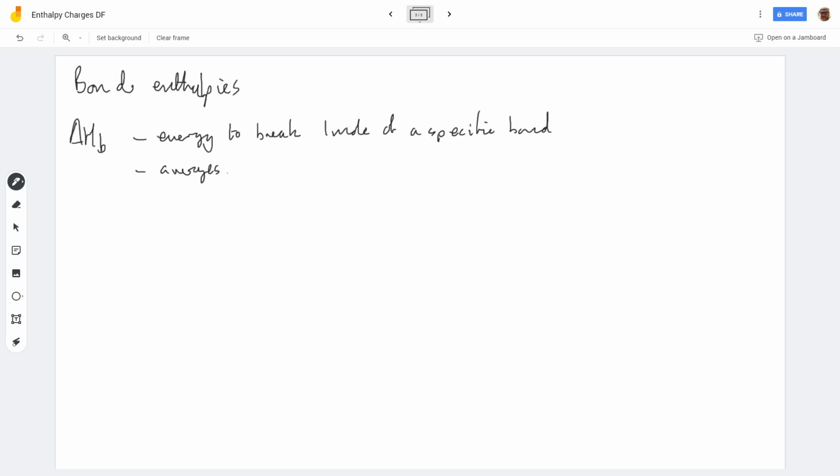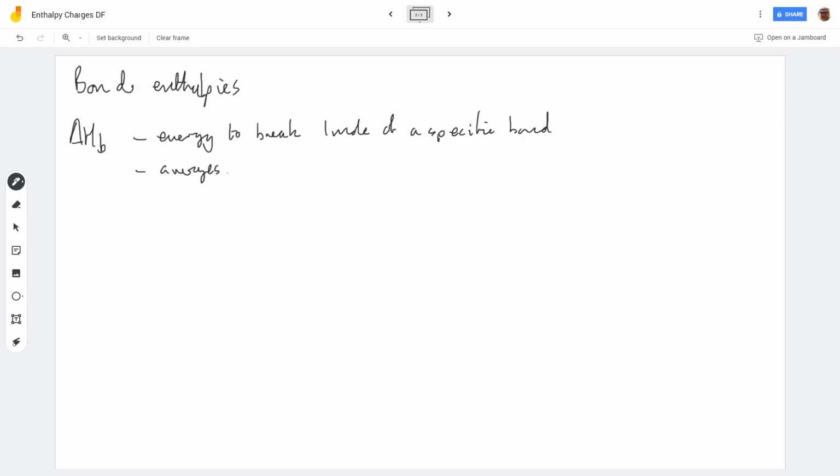So they are averages. So when you do bond enthalpy calculations, you frequently don't get a value that's bang on what you might determine experimentally, because of the fact that the bond enthalpies are averages, and you're also talking about something at standard conditions, whereas you might not have measured it at standard conditions.